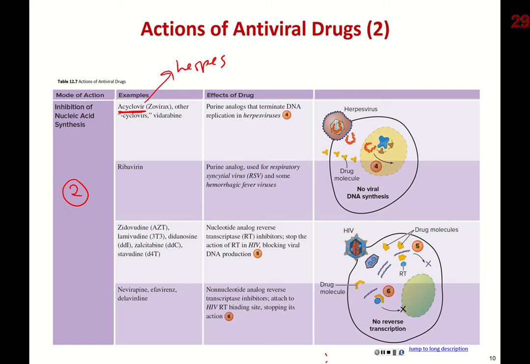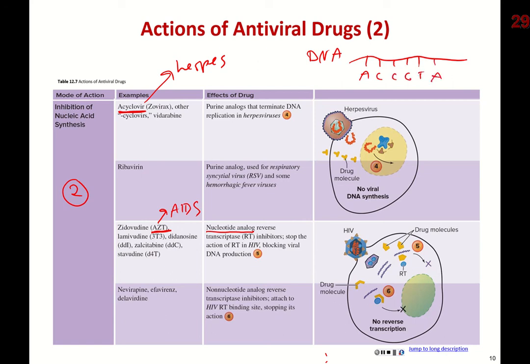So moving on, what are some other ones that you should be aware of? AZT is one that was one of the first drugs used to treat AIDS all the way back in the 1980s. And what that one does is it's a nucleotide analog. So what does that mean? It means that when the virus is trying to assemble its DNA strand, okay, so let's say it's trying to assemble this DNA strand, and it has A, C, C, G, T, A, something like that.